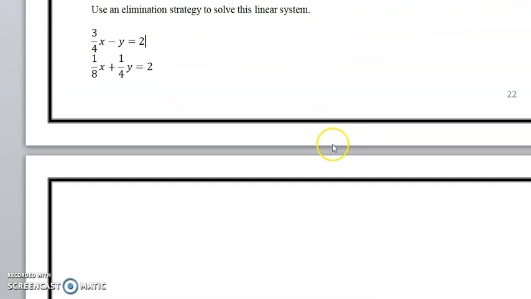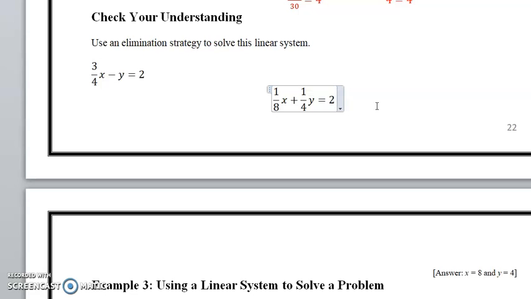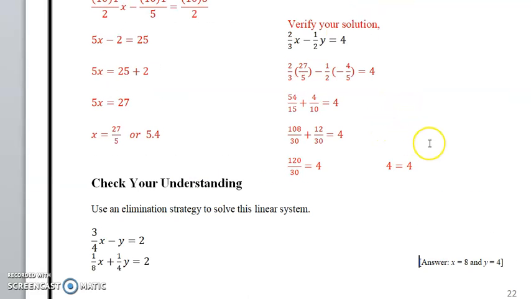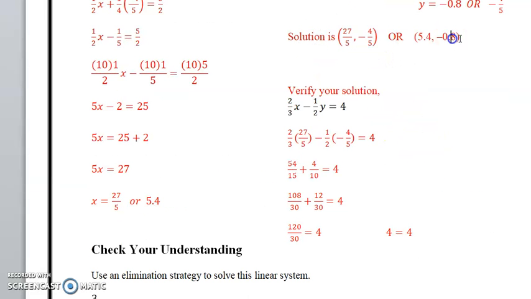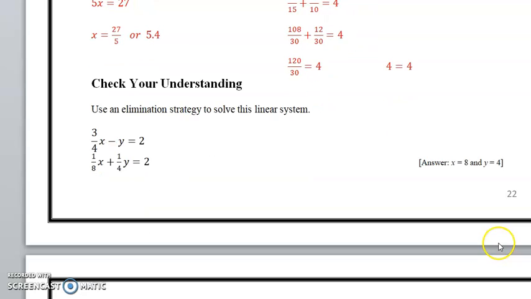Your solution is right there, and you could use the decimals to check it as well. You check your understanding, same idea. There's your answers for that.